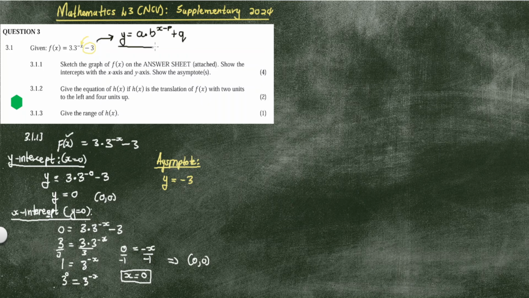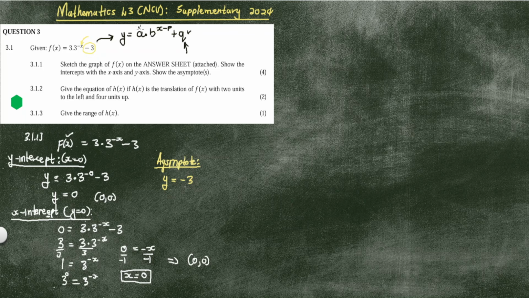This is the general form or the general equation for an exponential function. The q is always your asymptote, but the p is not an asymptote. There's only one asymptote in an exponential function.